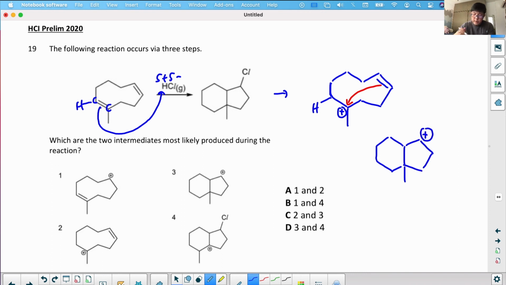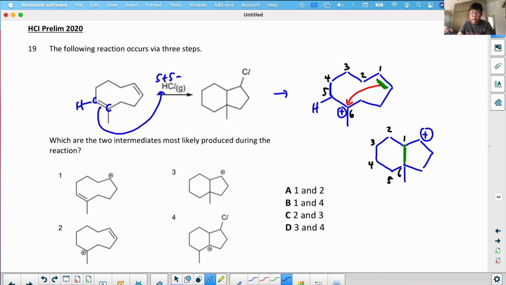Okay, so maybe just to give you an idea, where is this line? So in fact, this line here is actually this line here. Okay, let's check how it makes sense. Say this carbon number 1, number 2, number 3, number 4, number 5, number 6.